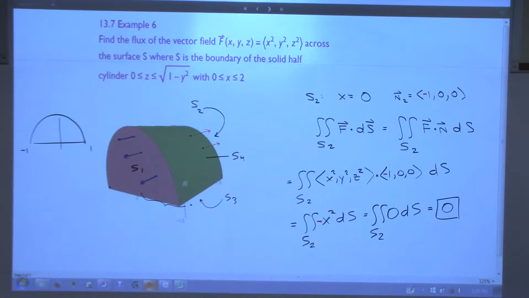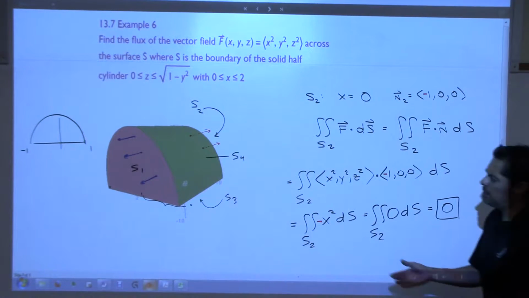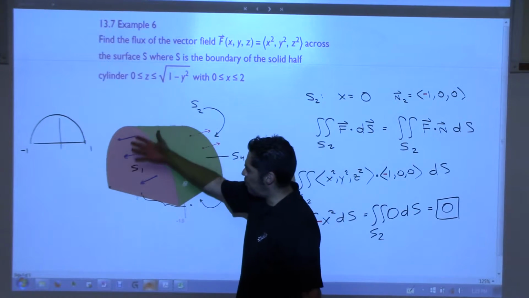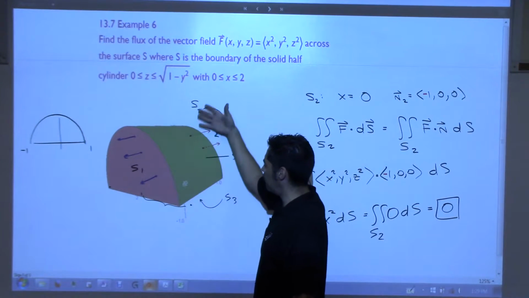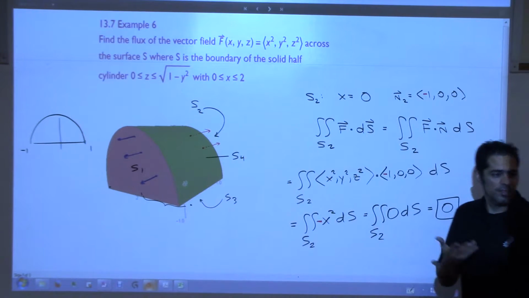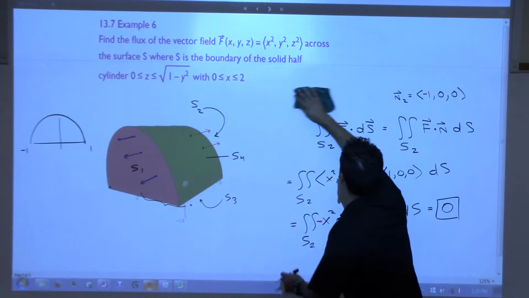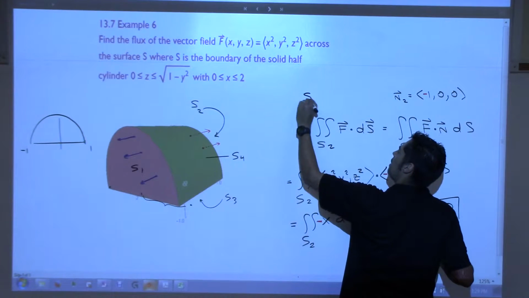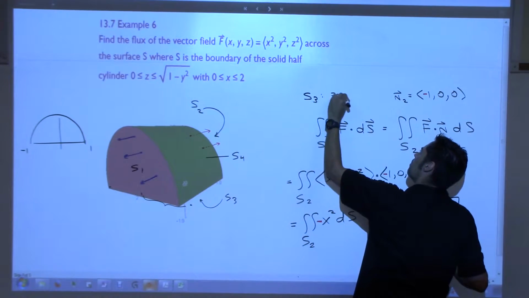Okay, so what about S3? What can you tell me about S3 if it's the bottom of this hangar? It's a rectangle. What can you tell me? I mean, this one was part of a plane, x equals 2. The back one was x equals 0. The bottom one we could say is z is 0. So why don't we do that? We're going to say the bottom, S3, has the equation z equals 0.